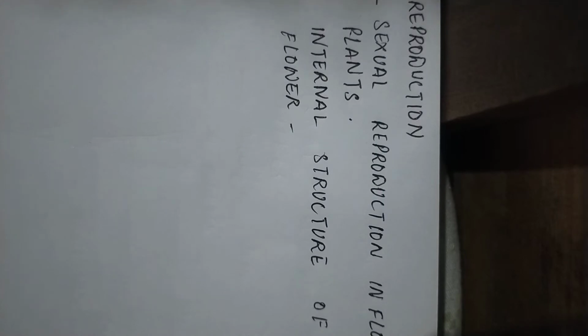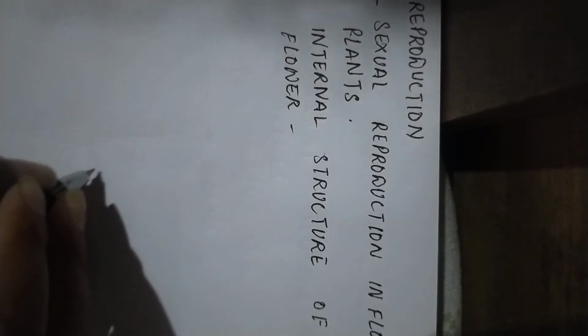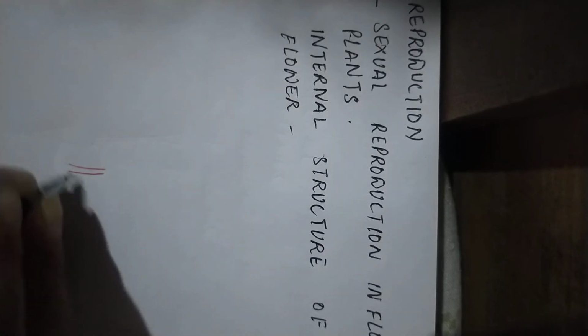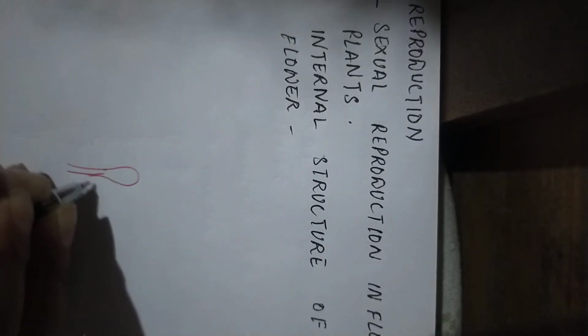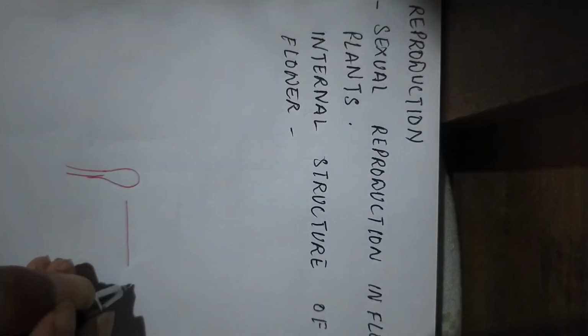So it has four whorls. The flower has four whorls. It arises from a thalamus. This is a thalamus.